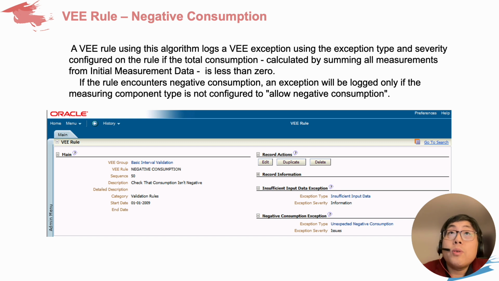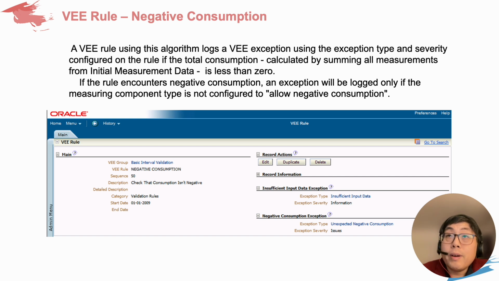But the reason there are different rules provided by Oracle doesn't mean we have to use all of them, but it does give you flexibility. As we said, we have this exception severity. Maybe sometimes we raise zero consumption as informational, because it is possible that the consumption is zero if there is no usage. But it is quite rare, and quite probably something is going wrong, if it goes negative.